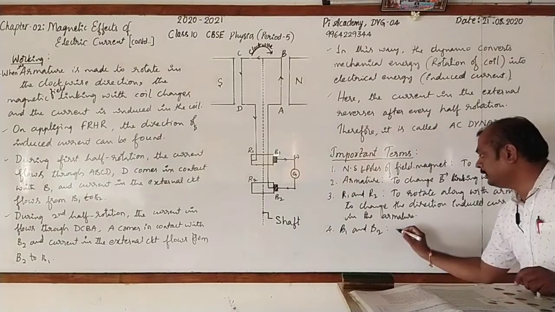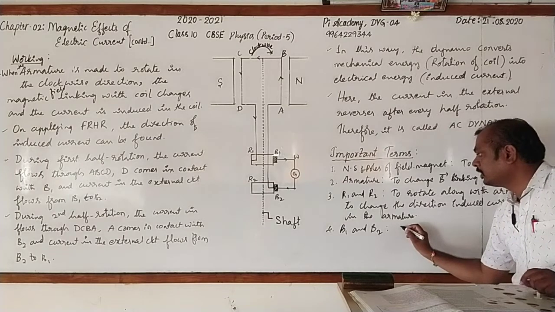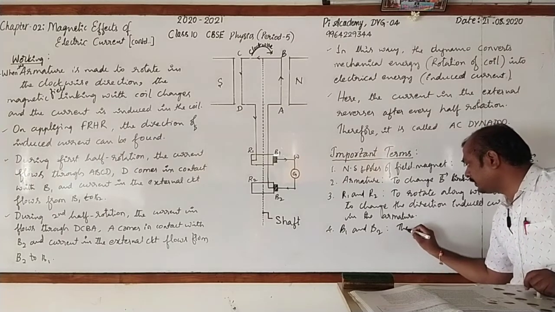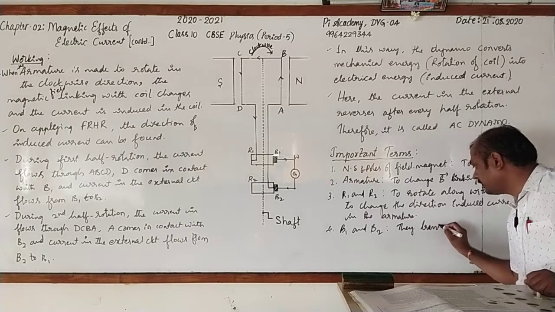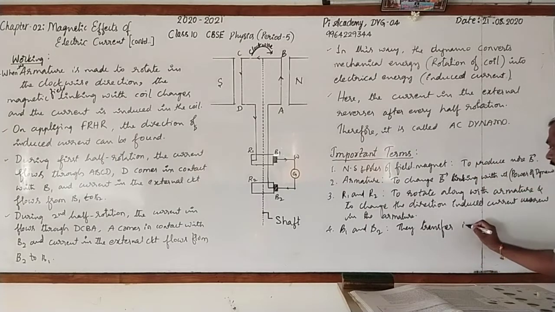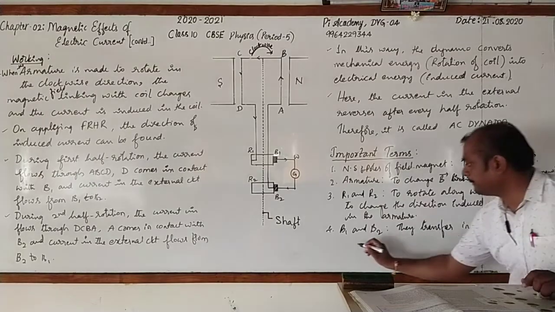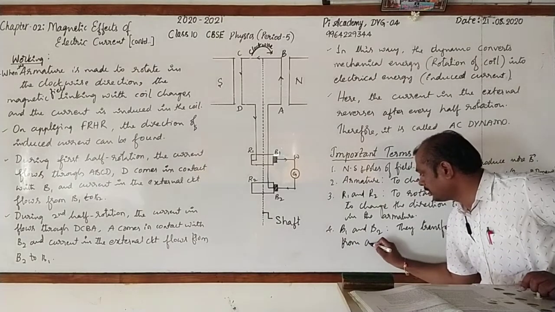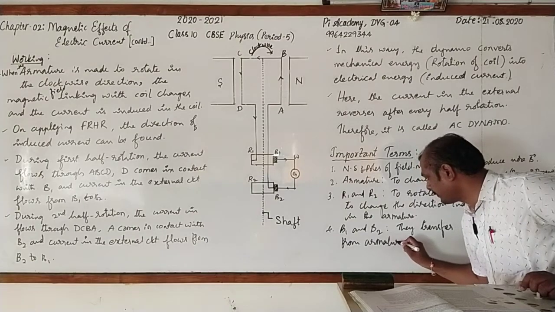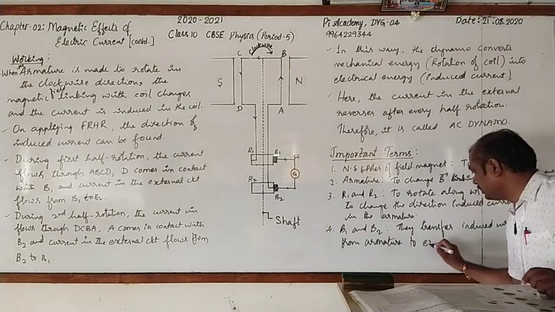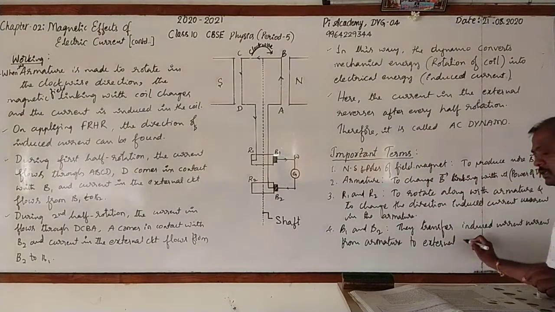Here I'll write B1 and B2: they transfer induced current from armature to external circuit.